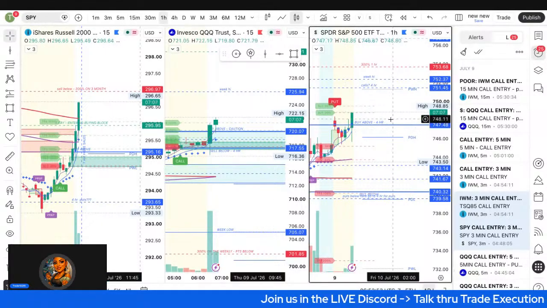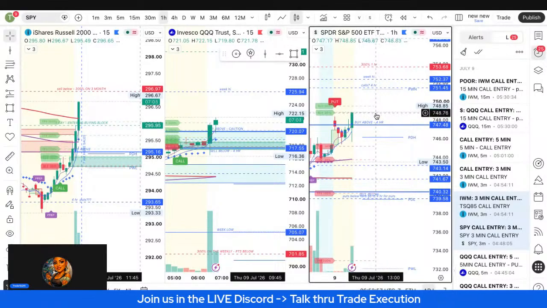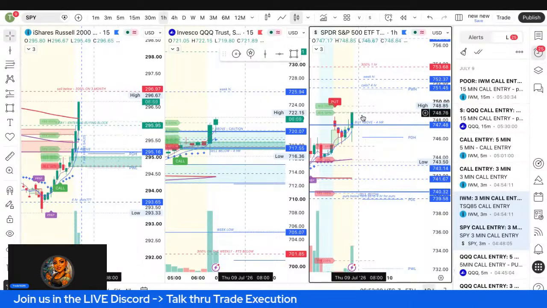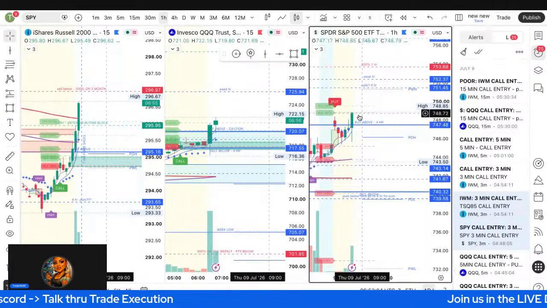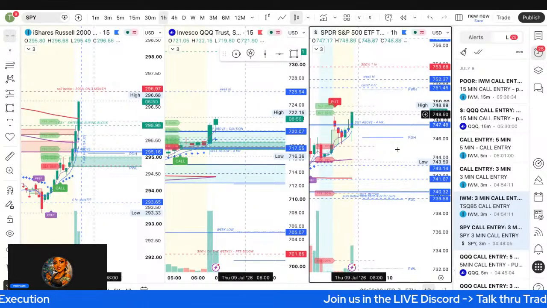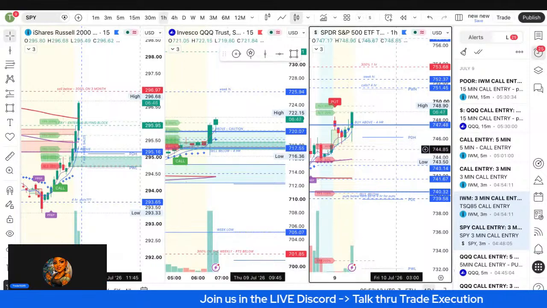SPY is holding its ground here. I think it's going to try to break above this. There's bears here. This is the stop loss for bears, so you might have bears buy down, but it's holding it. So yeah, we just had that breakthrough. All three are moving to the upside. Buyers are definitely in control.